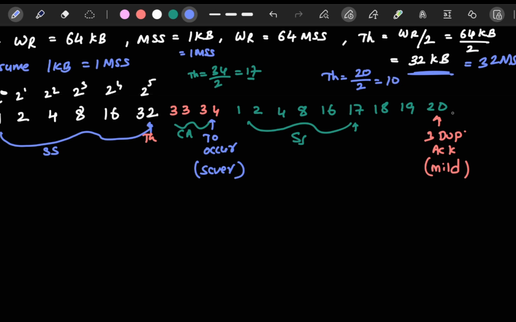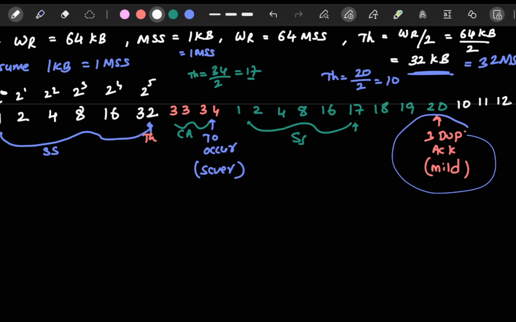Then after that we will enter into the congestion avoidance phase. We will start from 10 itself, whatever the new threshold is, and after that we will get into linear growth, then 11, then 12, and so on.